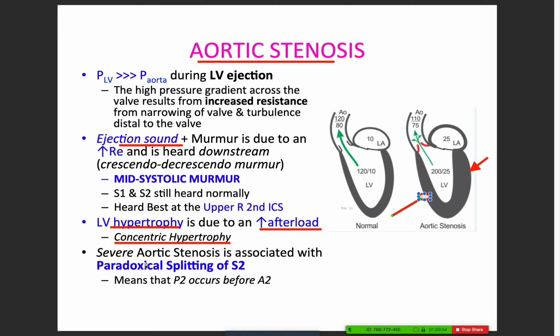All right, and we said aortic stenosis is associated with a paradoxical split of S2. This makes sense because the left side of the heart now is taking longer to do its job than the right side of the heart, so the A2 sound should be happening after the P2 sound, right? It's taking longer for that valve to close, okay? Now, do you remember what the other cause of a paradoxical split of S2 was?